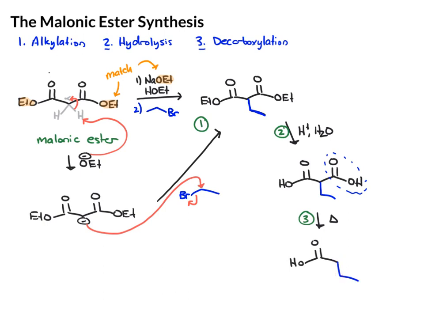If you wanted an ethyl and a methyl, you can do a second alkylation at this stage. We put another alkyl group at this position and then decarboxylate that to get the product.